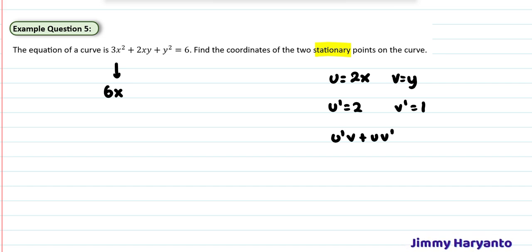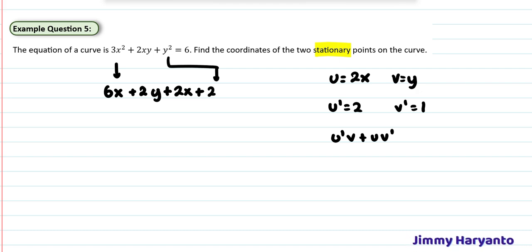Okay, let's input it. So next is 2, u prime first. Wait, u prime is 2, and then v equals y, plus uv prime. Uv prime is 2x times 1. That's it. Plus the last one is y squared. Oh my bad, this one should be dy over dx.